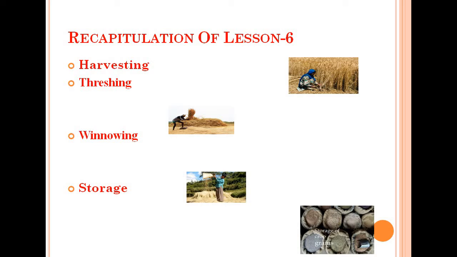Second, they must be stored in a rodent-free area where rats and pests should not be present. They should also be stored in less humid conditions, because humidity is also one of the conditions that promote the growth of microorganisms. Now you are seeing here different types of storage where grains are stored in different gunny bags.